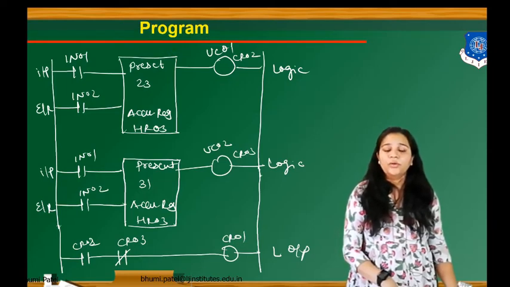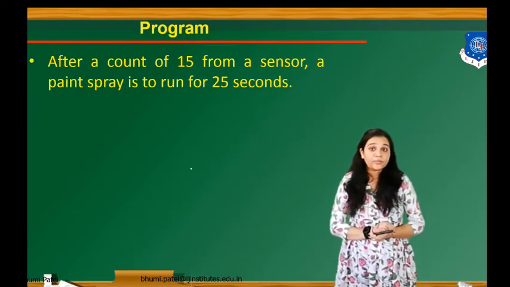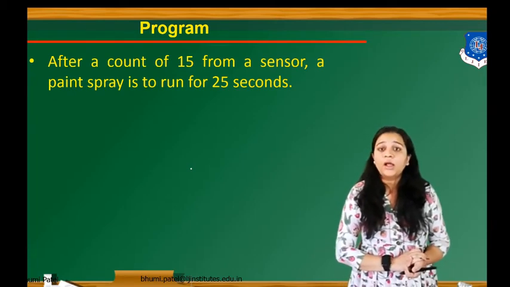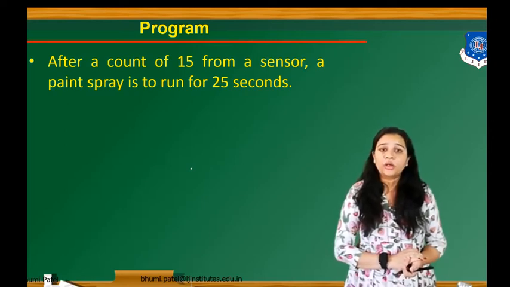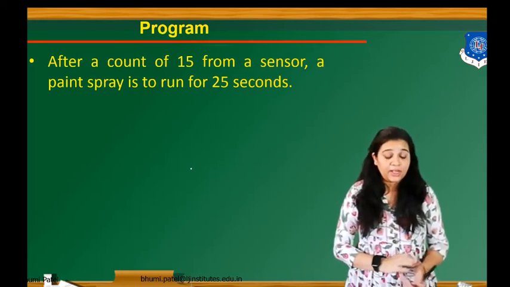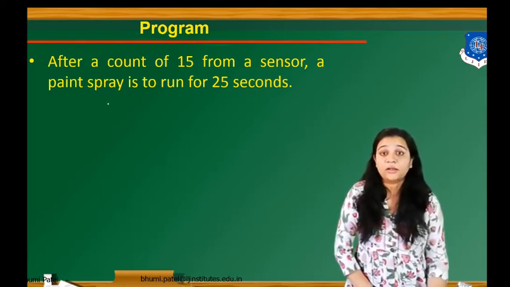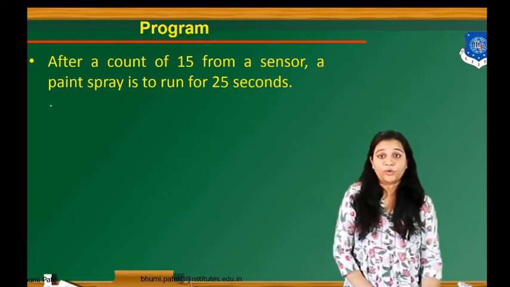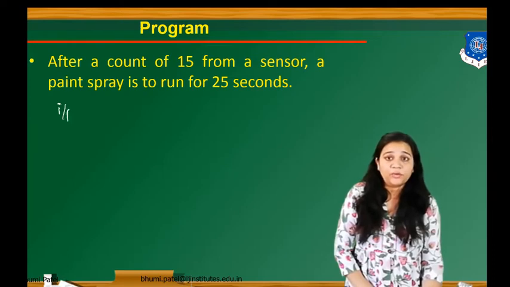Clear? Now the next program is: after a count of 15 from a sensor, a paint spray is to run for 25 seconds. As you have noted here, we can use a counter as well as a timer for the same program. So we can take some input variable.